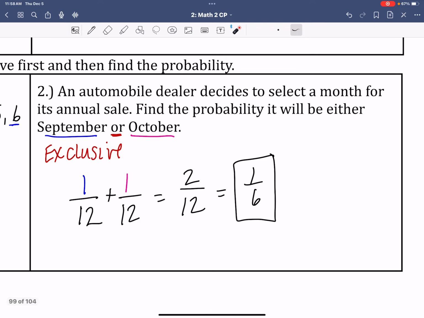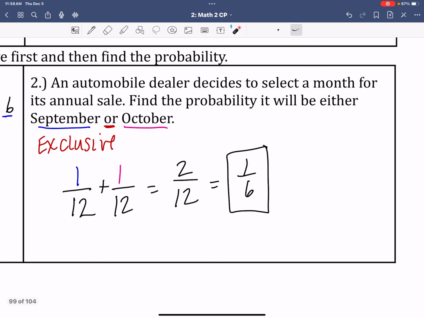All right, and then here, an automobile dealer decides to select a month for its annual sale. Find the probability that it will be either September or October. Well, it's either September or October, it can't be both, so this is exclusive. We're going to find the probability of September, which is 1 month out of 12.